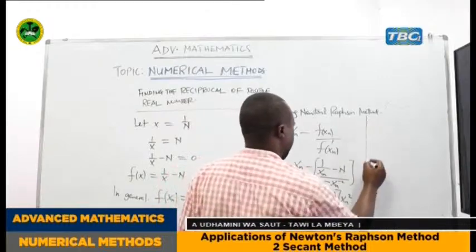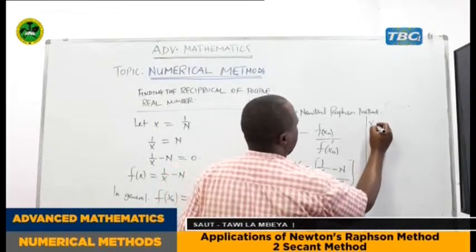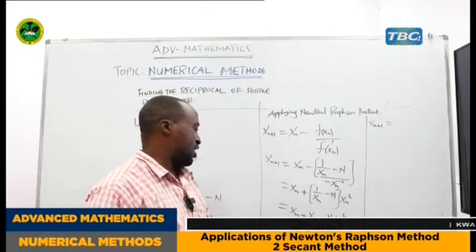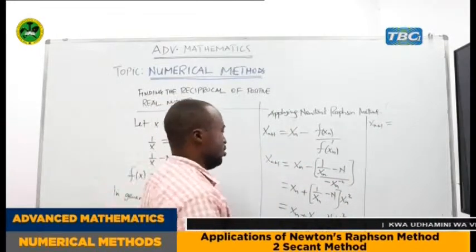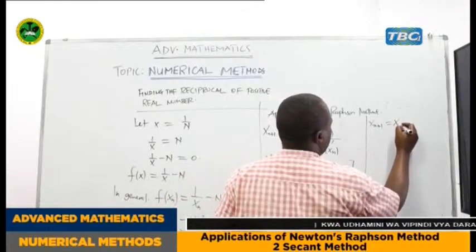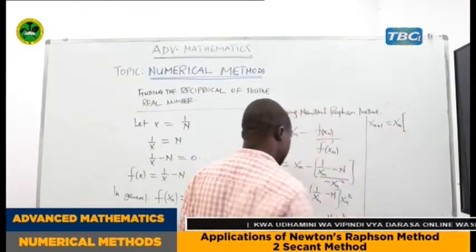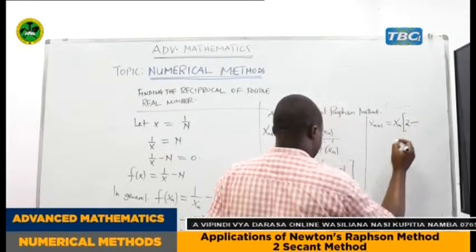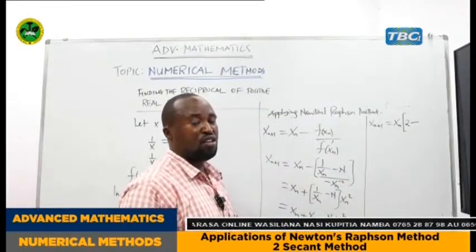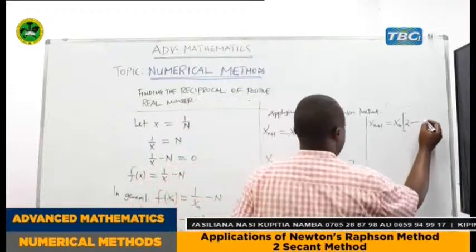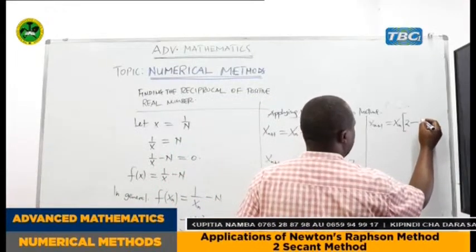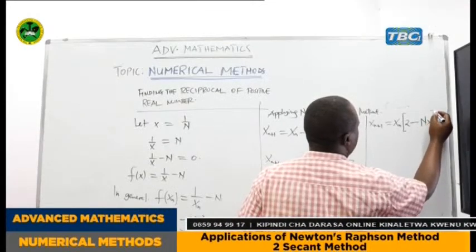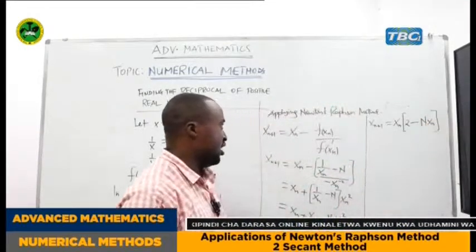Therefore, xn plus 1 will be equal to, now xn here is common, so you can take xn out of the bracket. We are going to have 2 minus n xn.